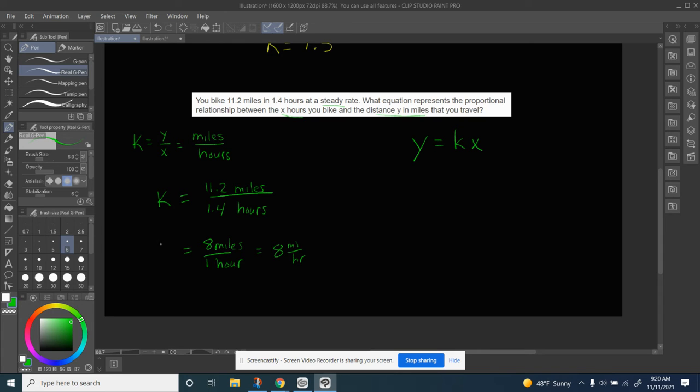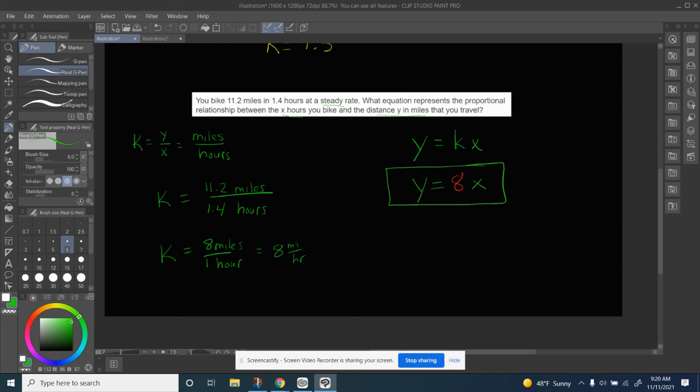Now, we found the k value. Great. But we're not done because they actually want the equation. So since I found k, I'm just going to come over to my equation and rewrite it, and I'm going to substitute k with 8. And so I'm just going to say y equals 8 times x. And this is the equation that they're looking for.